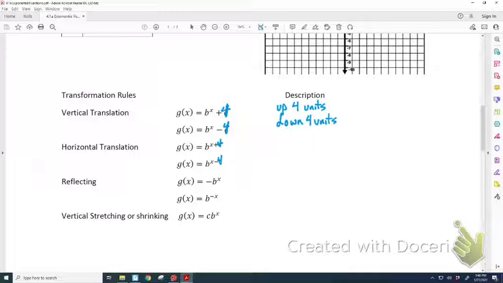If it's in the exponent, you got to think backwards. We go left 4 units. On the next one, since it's minus, we're going to go right 4 units.